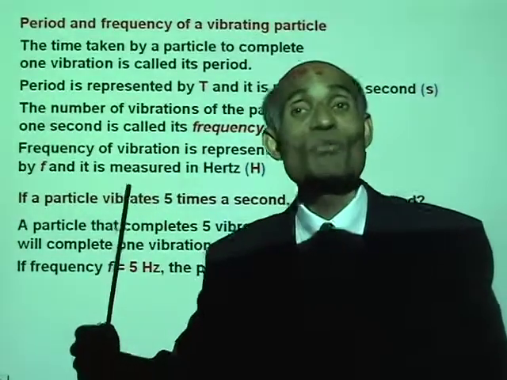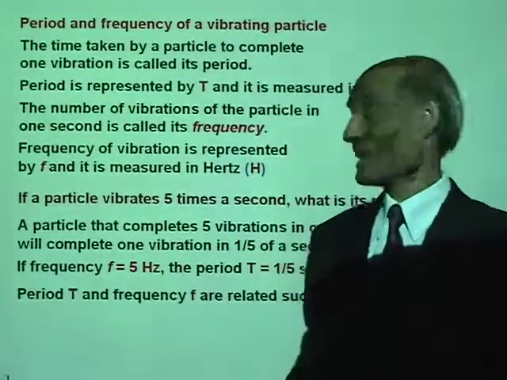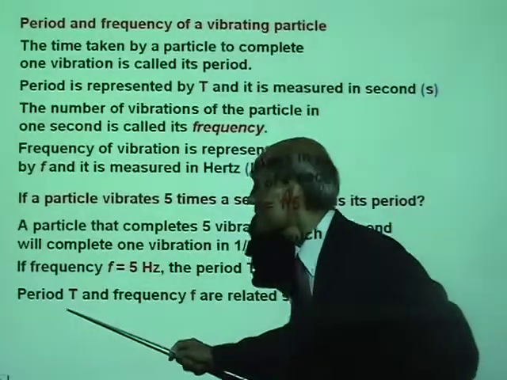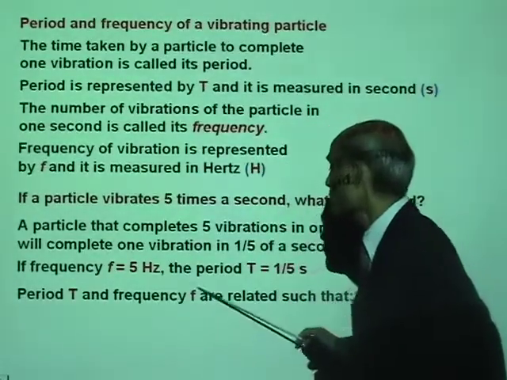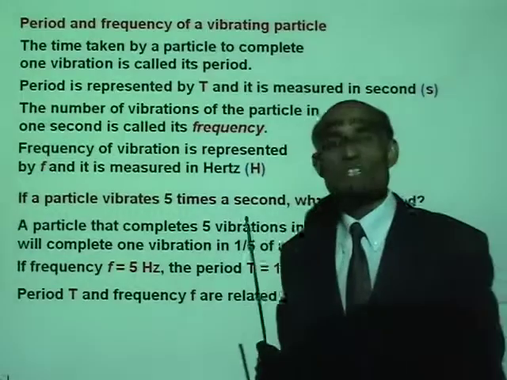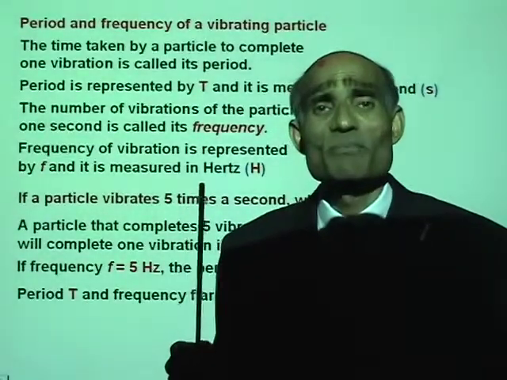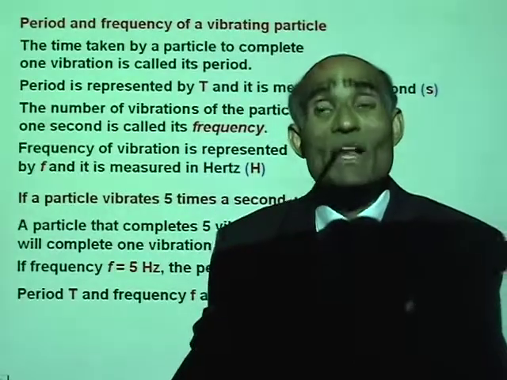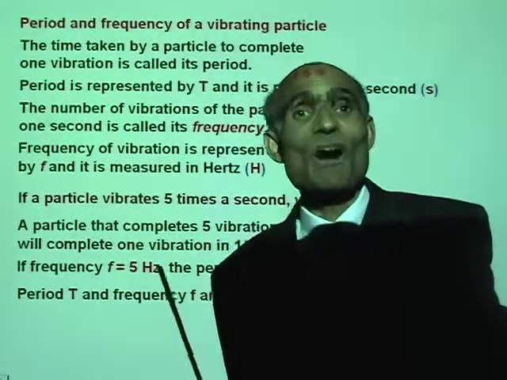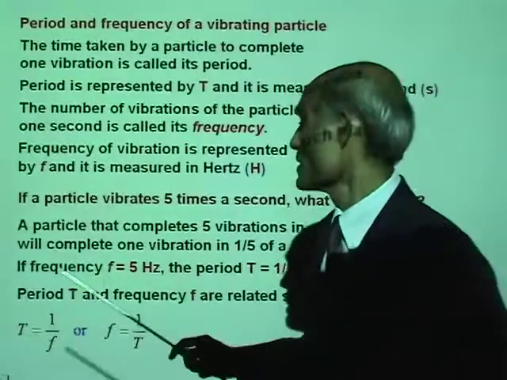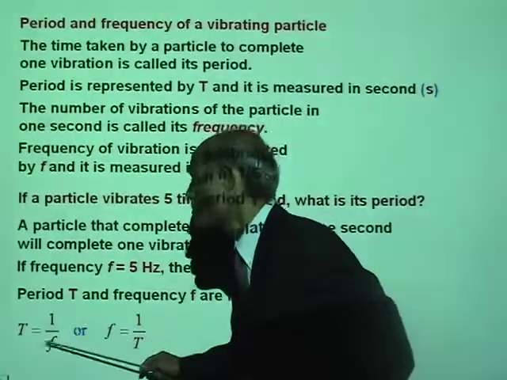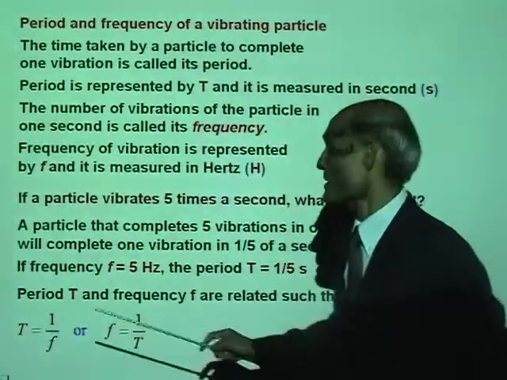It will be 1/2 of a second. That means the period T and the frequency F are related such that, anybody tell me what is that relation? One is the reciprocal of the other. That is T equal to 1/F.